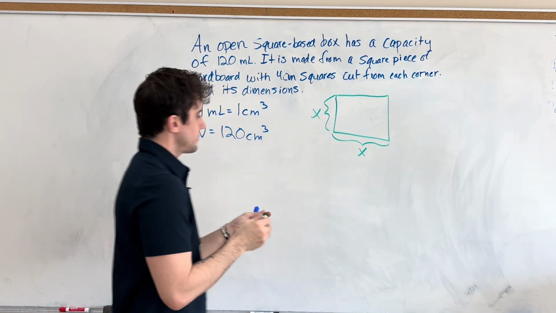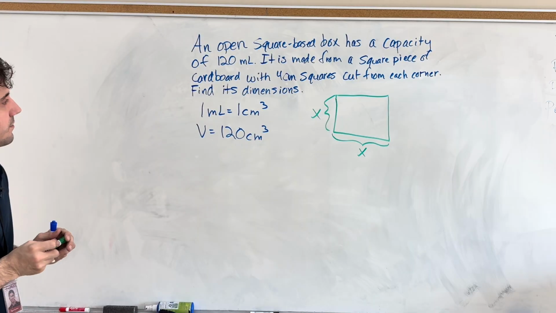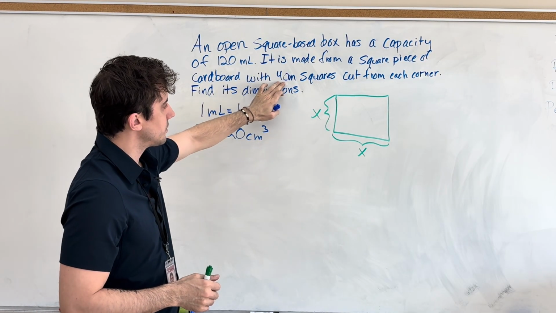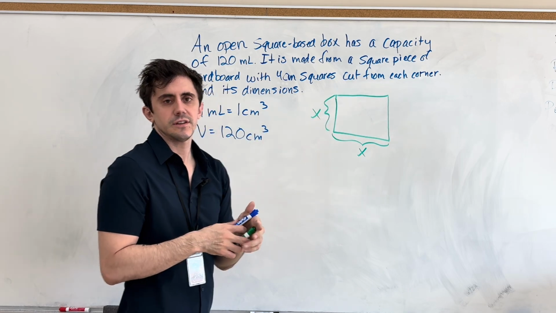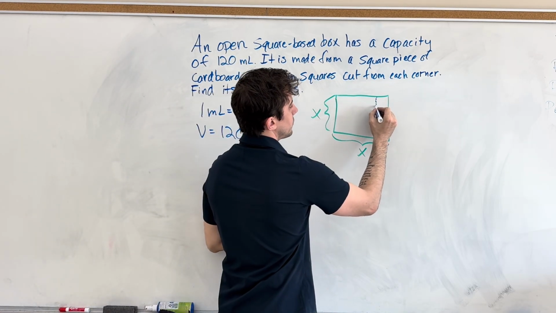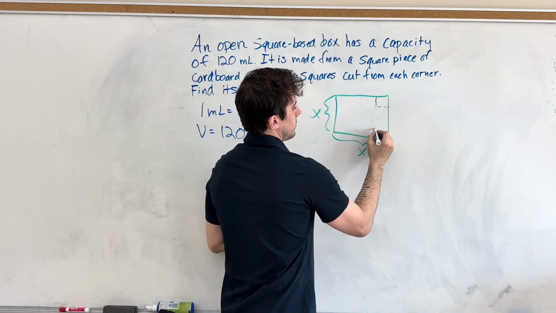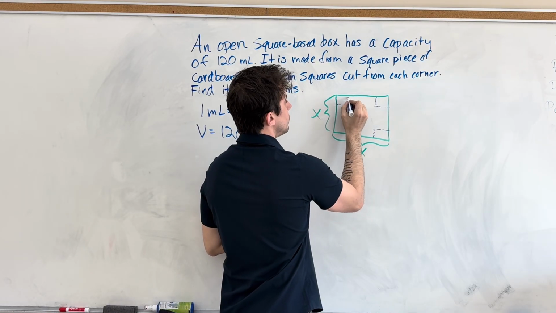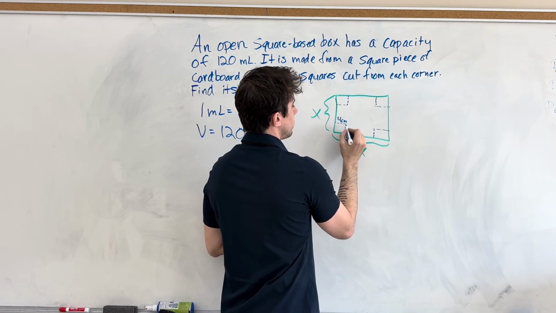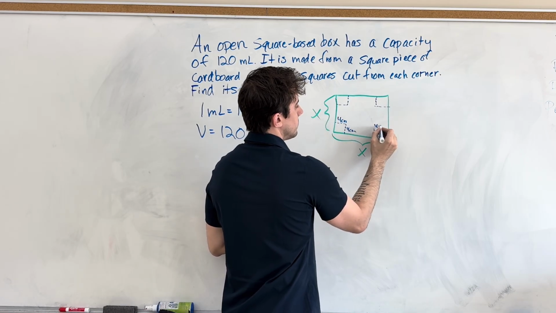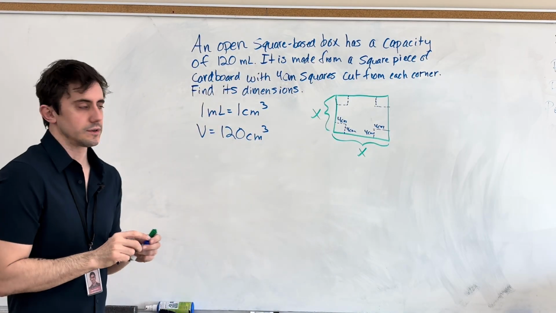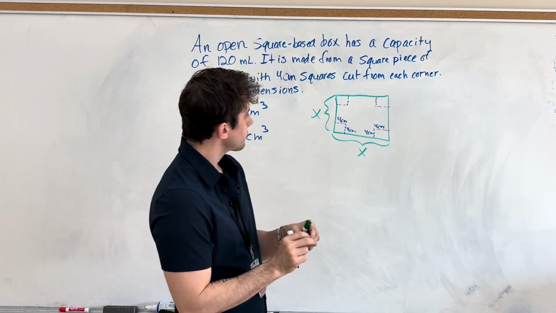Let it be X. And it's made from this square piece of cardboard with 4 centimeter squares cut from each of its corners. And so that means that in each of the corners, like so, we get a little 4 centimeter square being cut out, okay? And then obviously all 4 corners are identical.